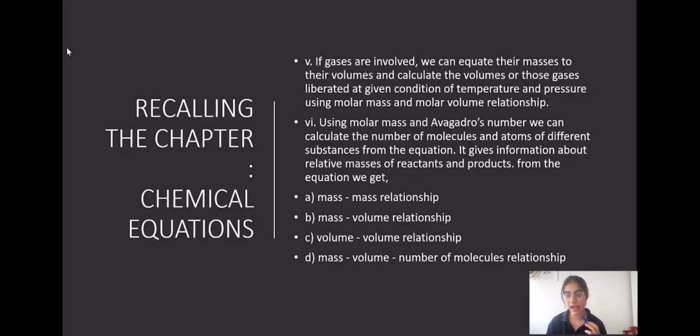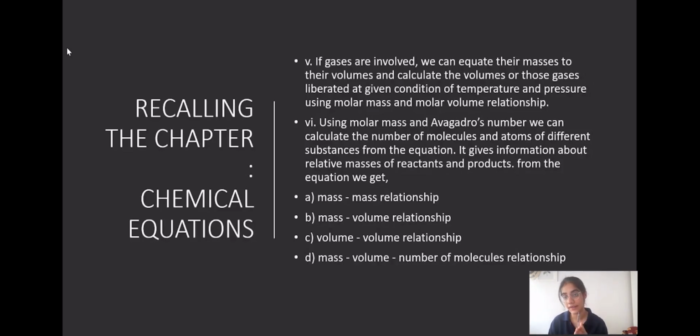Using molar mass and Avogadro's number, we calculate the number of molecules or atoms of different substances from a balanced chemical equation. It gives us information about relative masses of reactants and products. Then from the equation that we just balanced, we get a mass-mass relationship, a mass-volume relationship, a volume-mass relationship, and a mass-volume-number of molecules relationship.